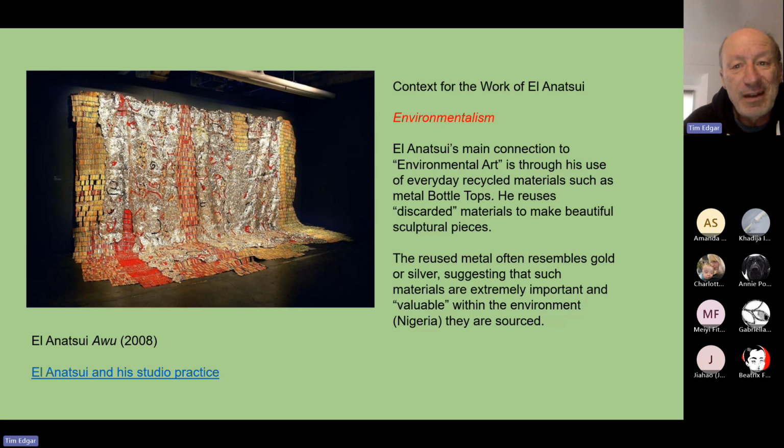I mean, the issue is whether, when we look at El Anatsui's work in the gallery, we really think about the environment and make changes, and it makes us think more deeply about environmental concerns. I don't know. I think that's probably asking quite a lot of visual arts practice, because the audience isn't that huge, I guess.